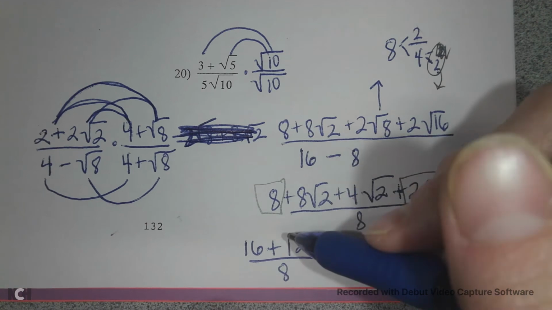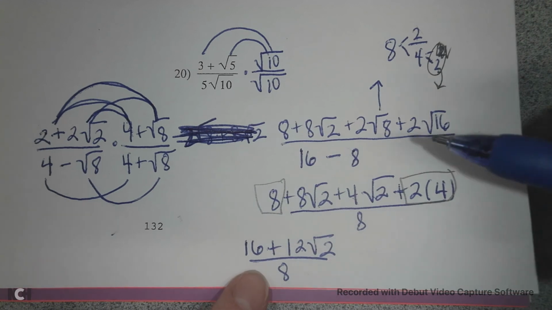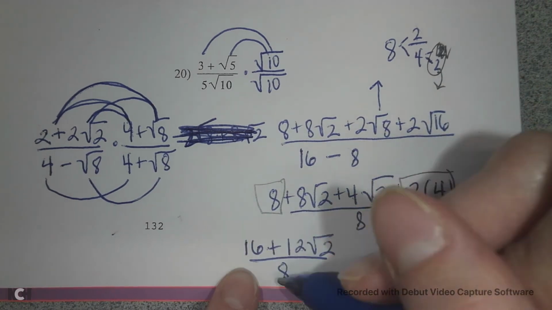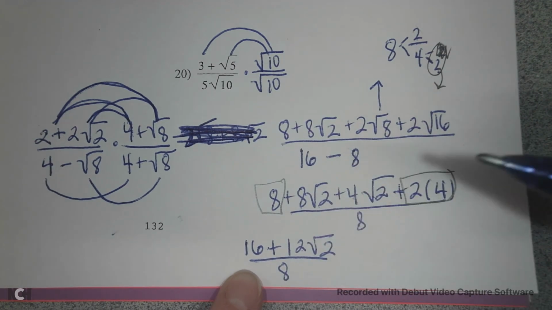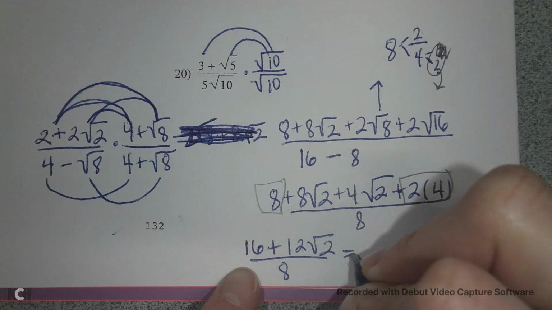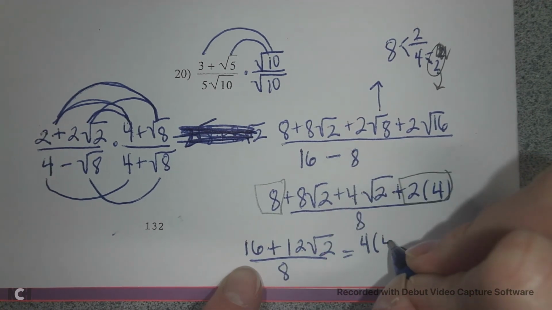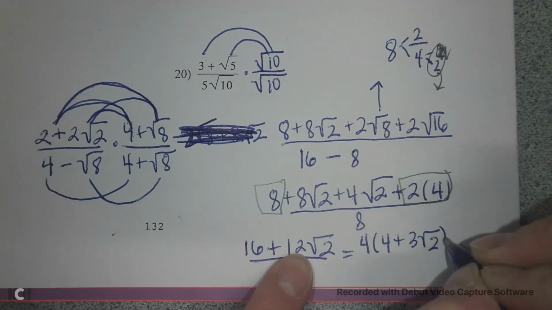Here I see that I have common numbers or common terms in front of everything. So I'm trying to find the greatest common factor. So let's see, 4 can go into all of them. 6 cannot, 8 cannot, so 4. Okay, so I'm going to take a 4 out of everything in the top. So 4 out of 16 is 4 left, and 4 out of 12 is 3 left, root 2.